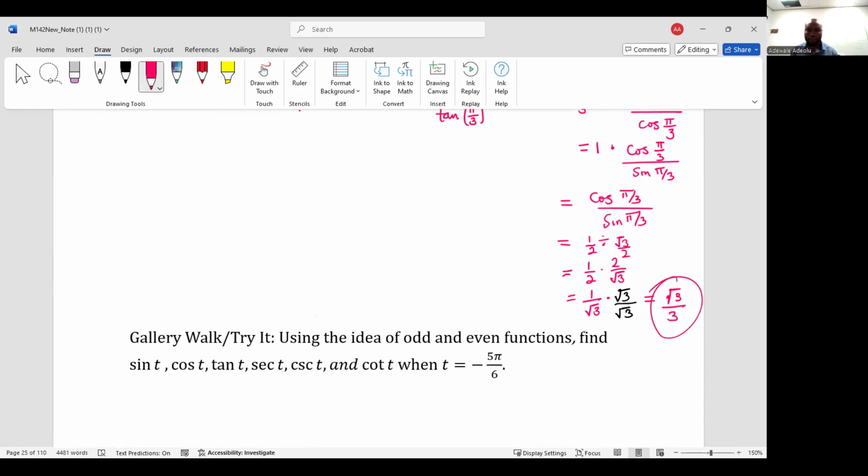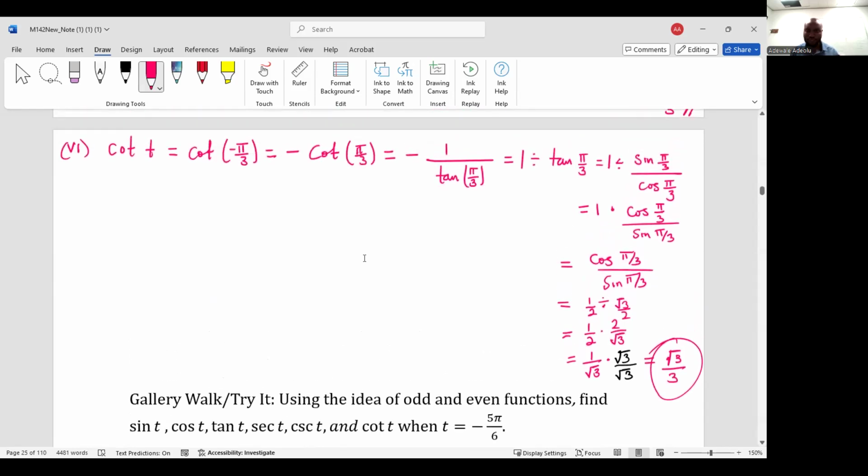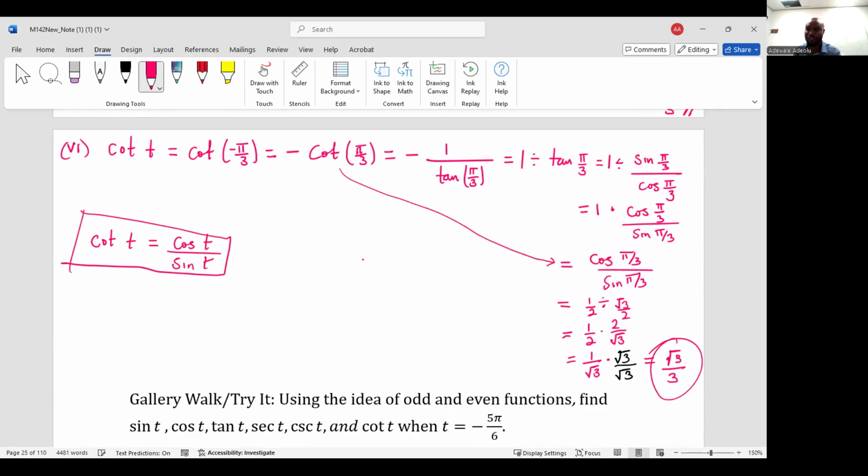Now, some of you would have noticed that, wait, can I use this? Is cotangent of an angle the same thing as cosine of that angle divided by sine of that angle? Can I just use this one straight up? Yes, you can. You can move from here straight to this place without going through all this.